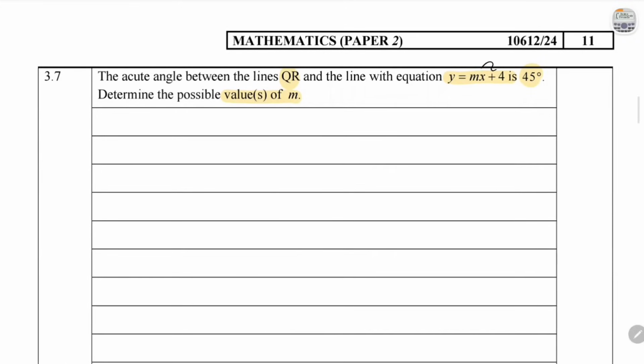The main goal is to find this gradient, and this gradient belongs to a line with this equation. What we did with that gradient is, of course, we would find the angle of inclination. And with the angle of inclination of QR, we subtracted them, and they give us 45 degrees.